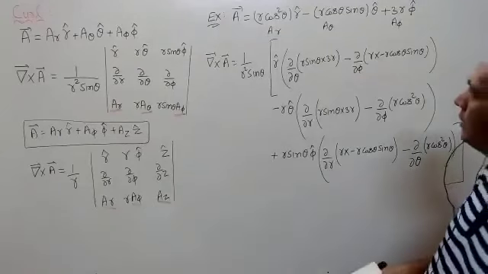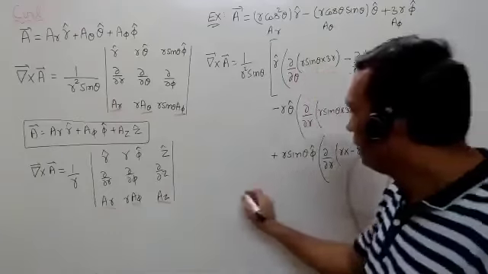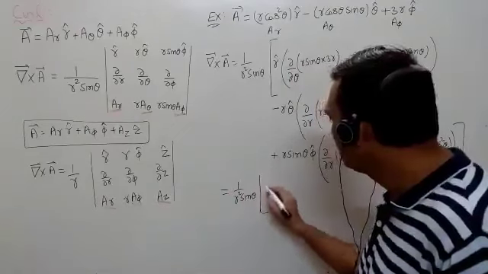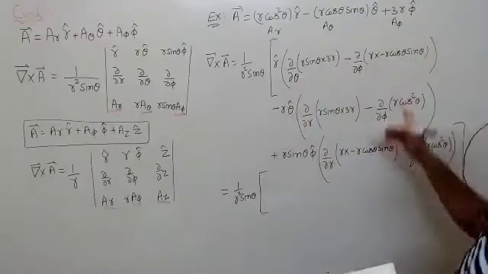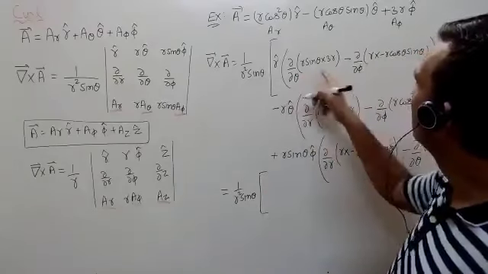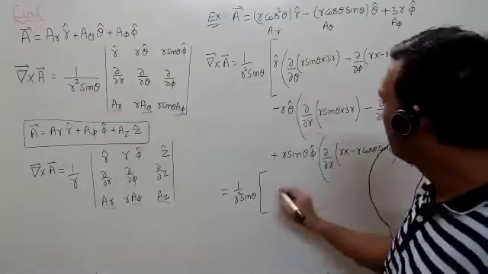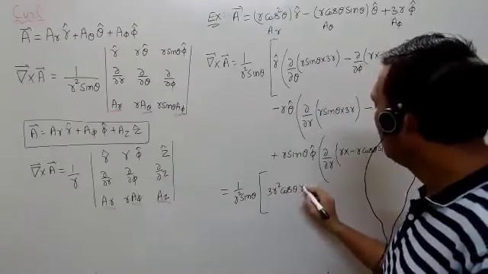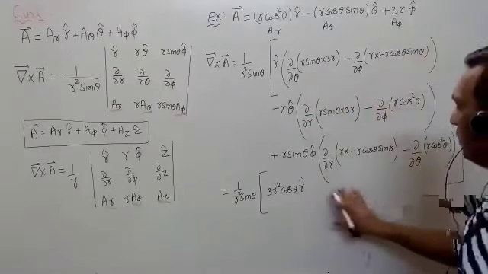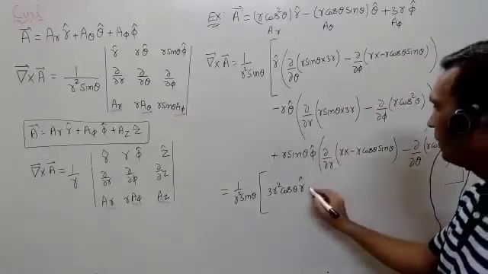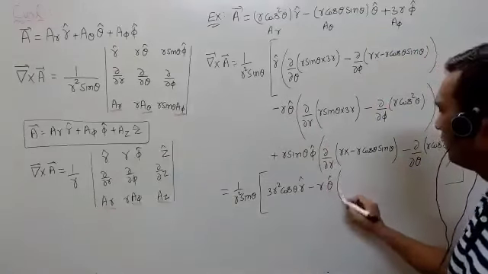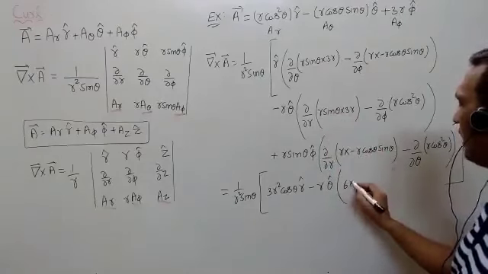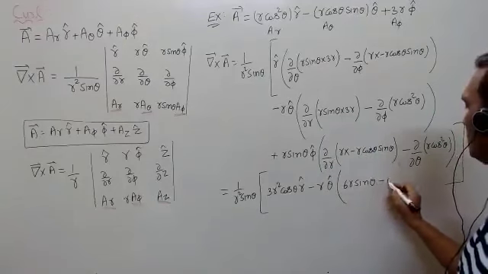So let us differentiate it. So first term is, this is common term, 1 by r square sine theta. What will be this term? This will be 0, and this term is 3 r square cos theta r cap. This term will be 0. Then minus r theta cap. What will be this term? 3r square will give you 6 r sine theta minus 0.